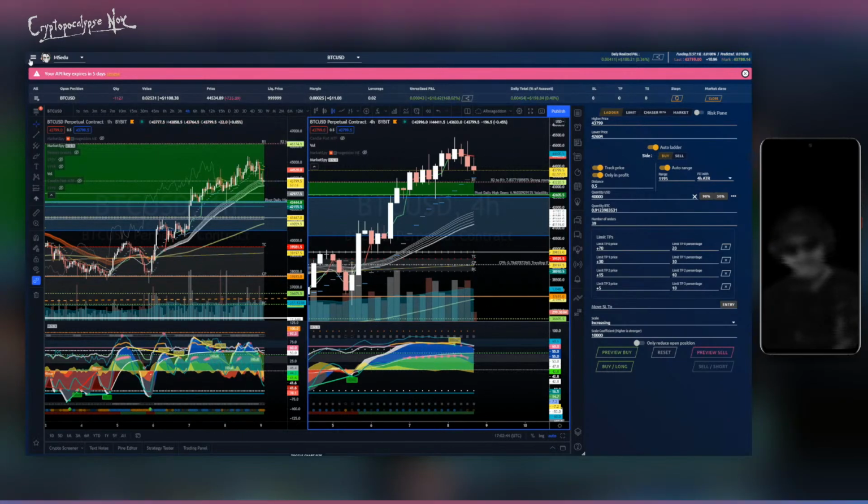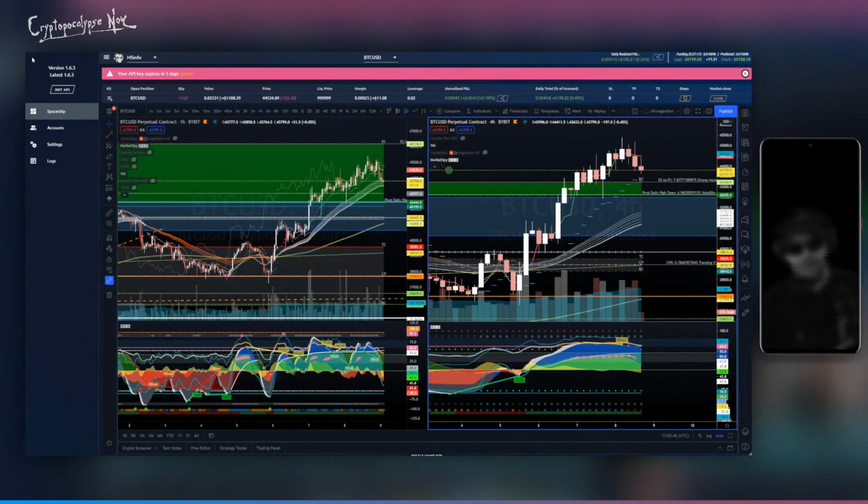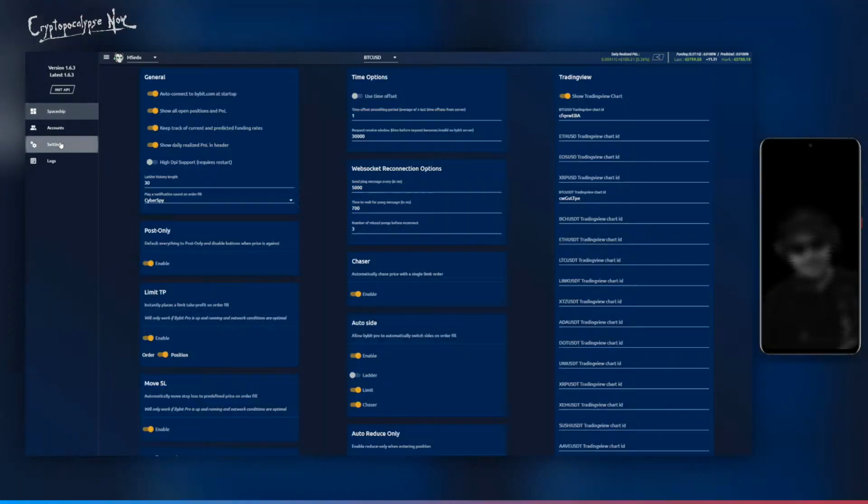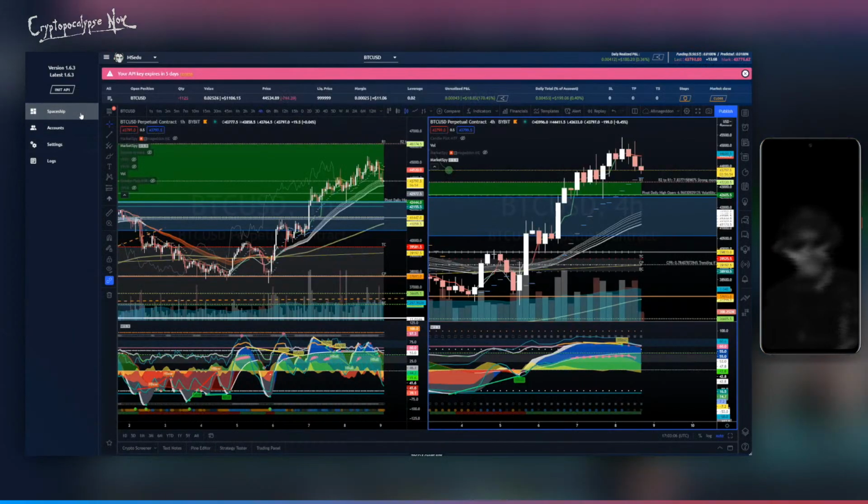Also, in my settings over here, if you go to settings, you will have a very important parameter which says limit take profit enabled, order or position. I usually have it on position, but this time I'm going to switch it to order. Why is that?